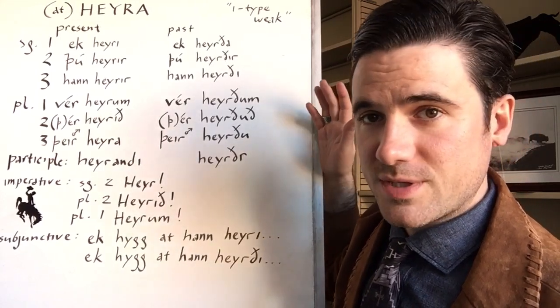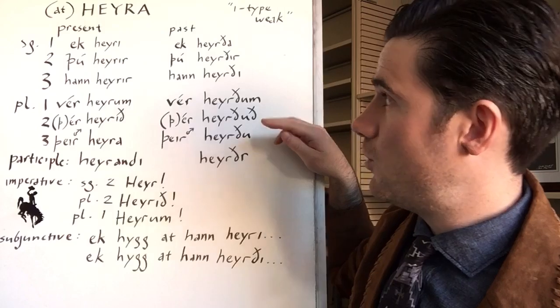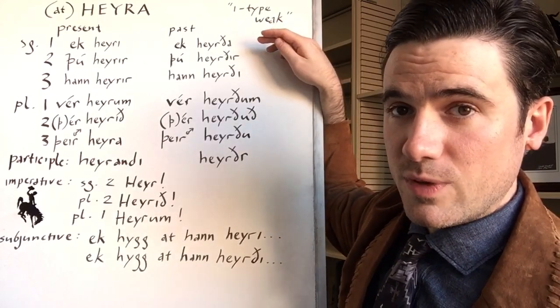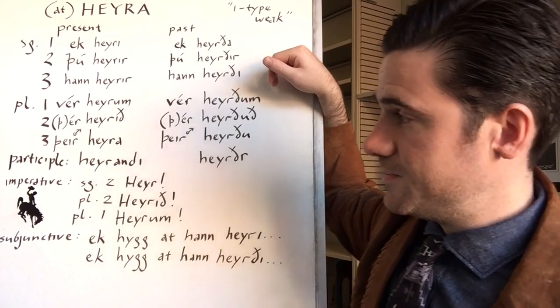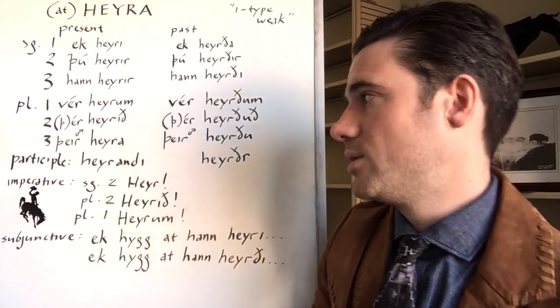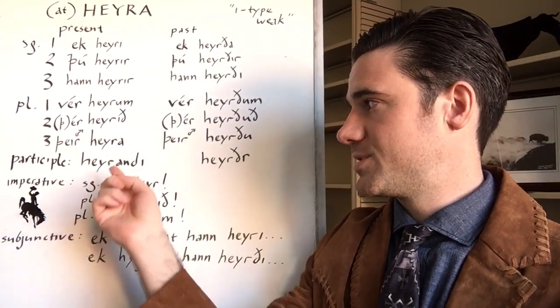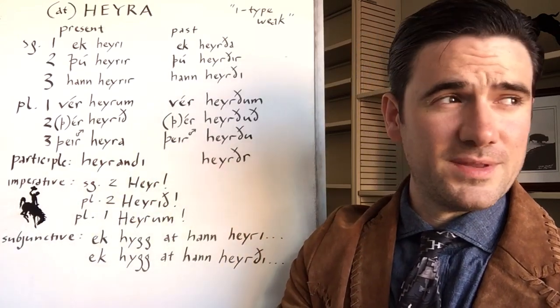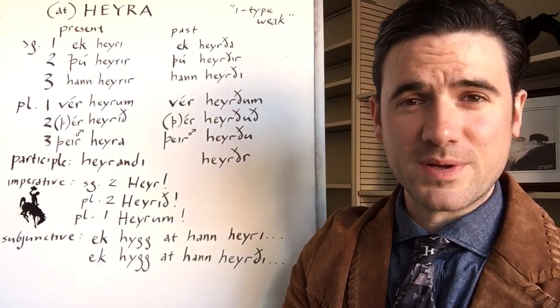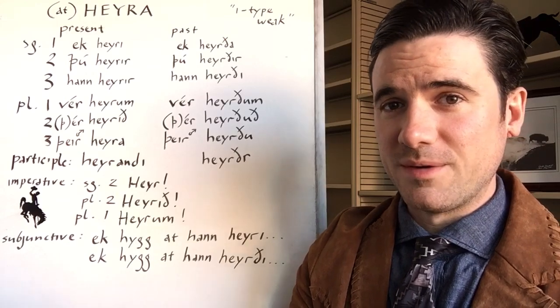Notice, very similar to the cognate English verb hear, where it's also a weak verb that adds a D or T to indicate past tense. Like other verbs, the present participle, hearing, a hearing machine or something like that.